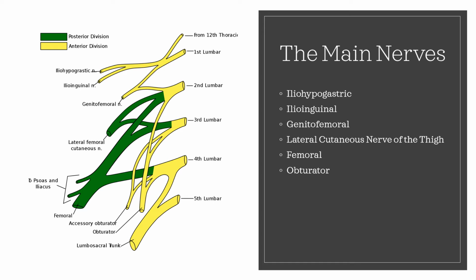Iliohypogastric, ilioinguinal, genitofemoral, lateral cutaneous nerve of the thigh, femoral, and obturator are the main nerves that make up the lumbar plexus.